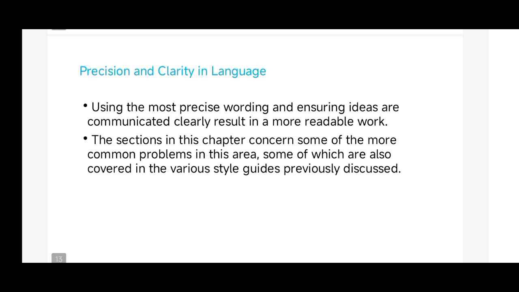Suppose you write an article; the reader wants to get the idea of what the author says. If the author makes it very complicated, then the reader is getting confused. So use the most precise wording, ensuring ideas are communicated clearly, for a more readable work.